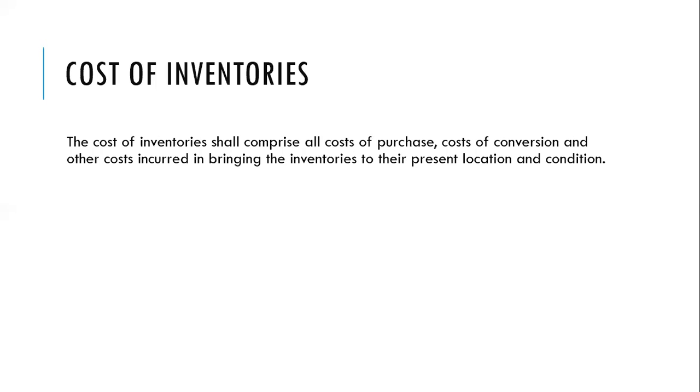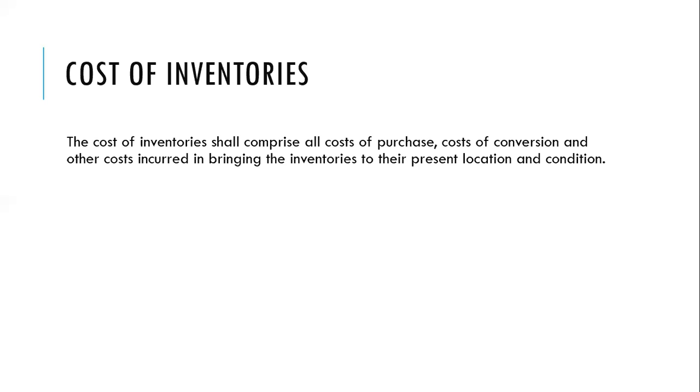Okay, so cost of inventory. What makes up inventory costs? You need to look at the cost of purchase. How much did you buy that inventory for, for example, the raw materials? How much did you spend in conversion, from raw material to work in progress, from work in progress to finished goods? And all other costs incurred in bringing the inventories to their present location and condition.